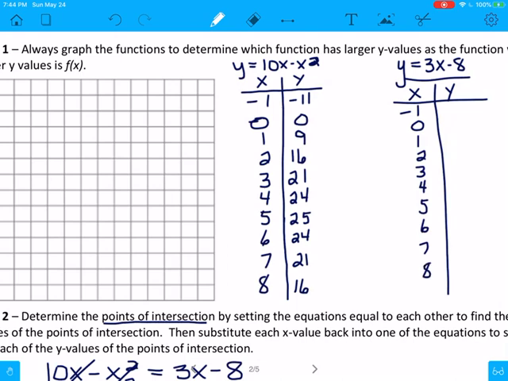Okay, when I plug negative 1 into here, I get negative 11. See, they match. So they intersect there. 0, I get negative 8. 1, I get negative 5. 2, I get negative 2. 3, I get 1. 4, I get 4. 5, I get 7. 6, I get 10. 7, I get 13. And 8, I get 16.